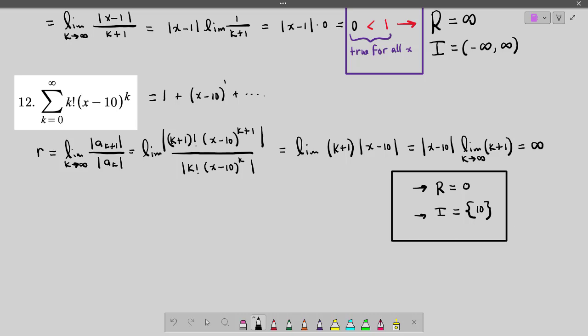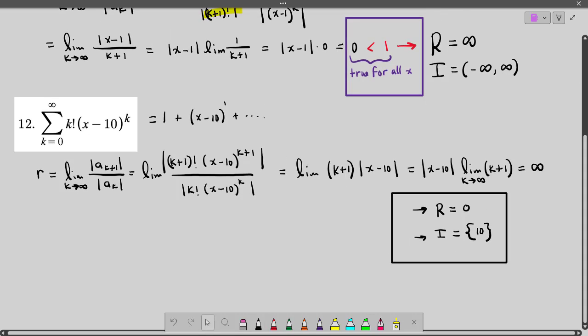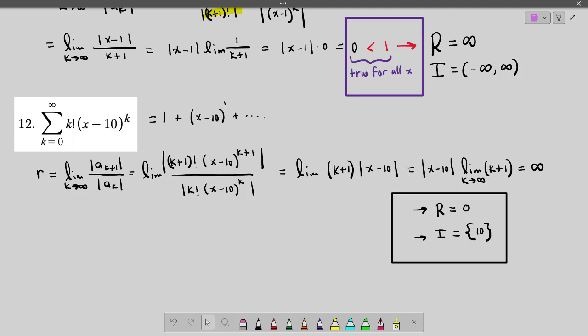We have to be very careful; this is one of those things it's easy to get tangled up in. When the limit is infinity, the radius is 0, because the r value has to be under 1 for convergence. That is never under 1, so the radius is 0.